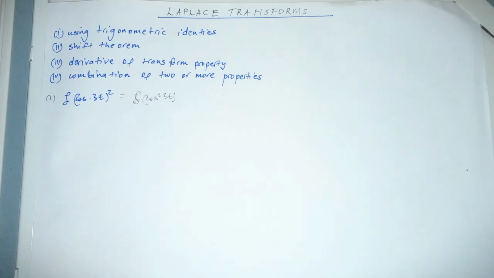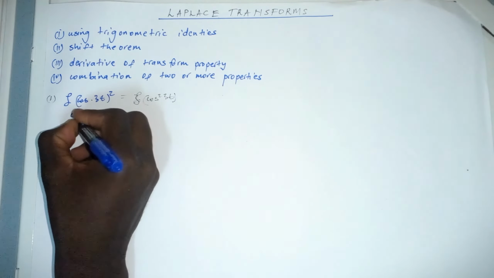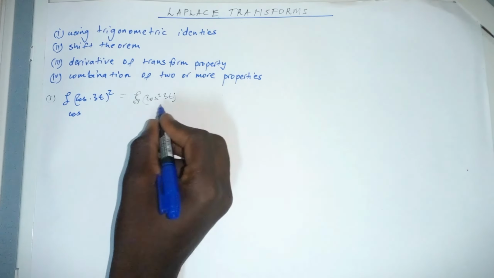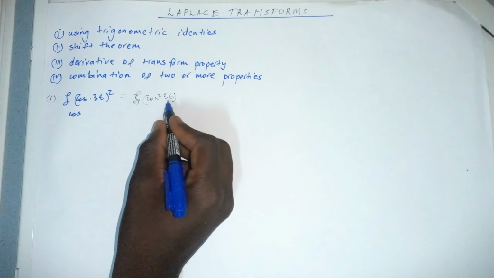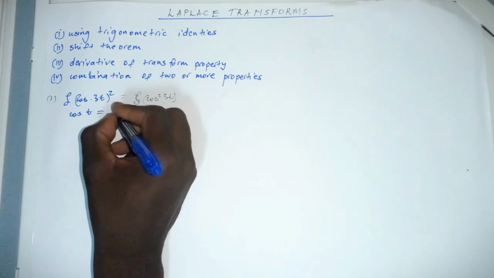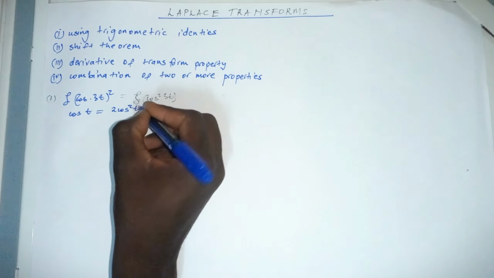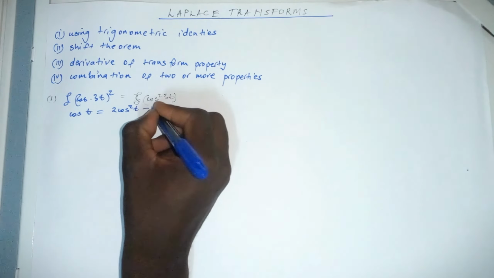Okay, so now what we know, we don't have the Laplace transform of cos squared t, but we know from the identities that cos 2 theta, in this case our angle is 3t, so I'm going to write cos 2t equals 2 cos squared t minus 1.